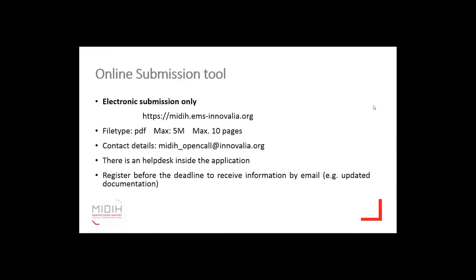Inside the application there is a help desk and also an email. You can choose which. May I comment a bit about the 10 pages? Our evaluators will be trained to be flexible in the evaluation, and so if a very important part of the proposal is on page 11, okay, we will ask our evaluators not to be so strict.